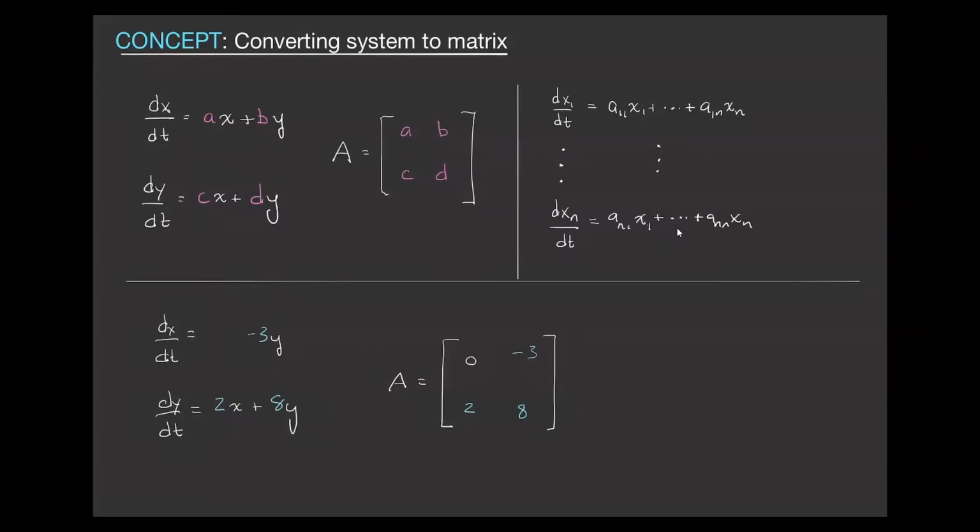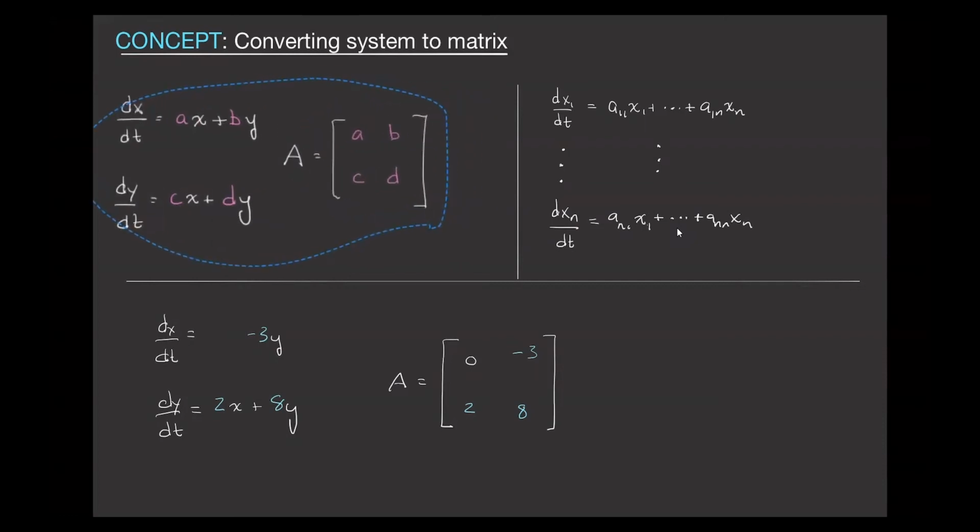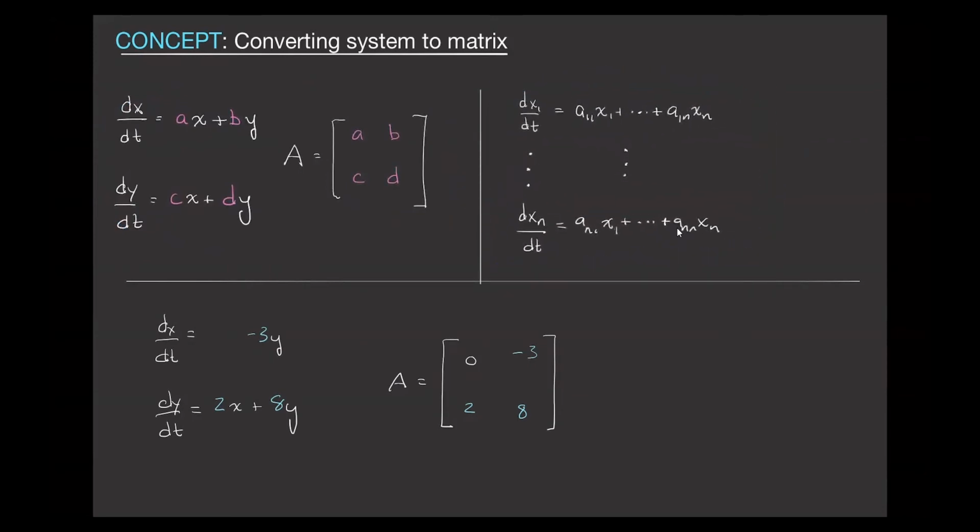If this was your system, with n variables and n equations, then unsurprisingly your matrix would simply be the n by n matrix, a11 up to a1n, down to an1, down to ann.